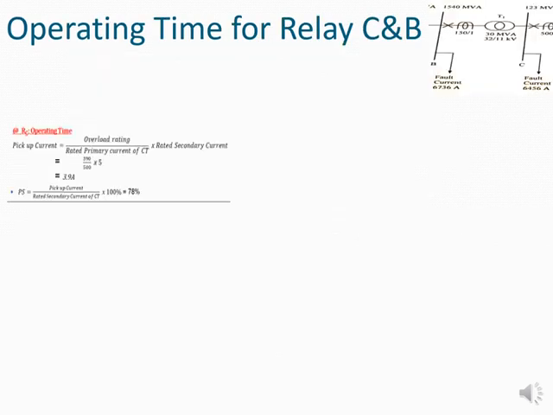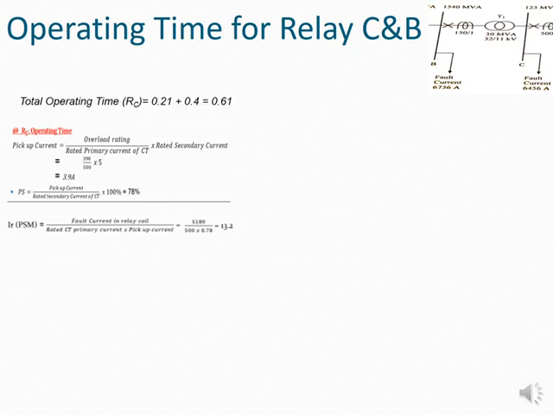I come to my next one, where now I can look at my relay C. So for my relay C, I first do my pickup current and my plug setting. Once I have got those two, I can work out what my IR for it is. And remember, I'm looking at the bus bar in front of my C, which is the one at relay D still. I then can say my total operating time is what I got in my previous slide.